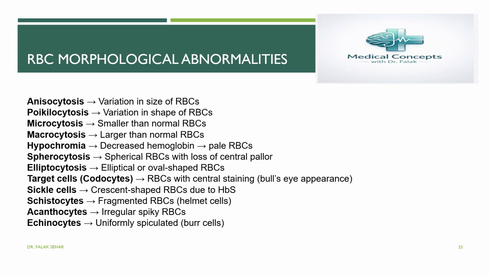Spherocytes are spherical cells without central pallor, while elliptocytes are elongated. Target cells show a bullseye appearance. Schistocytes are fragmented cells and acanthocytes have irregular spiky projections, whereas echinocytes have uniform projections. So remember, size change, shape change and hemoglobin content together help you quickly identify different red blood cell abnormalities.